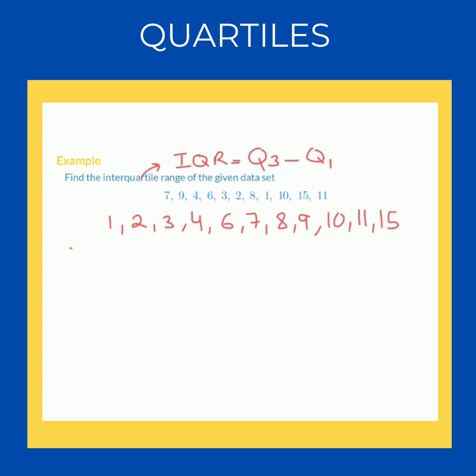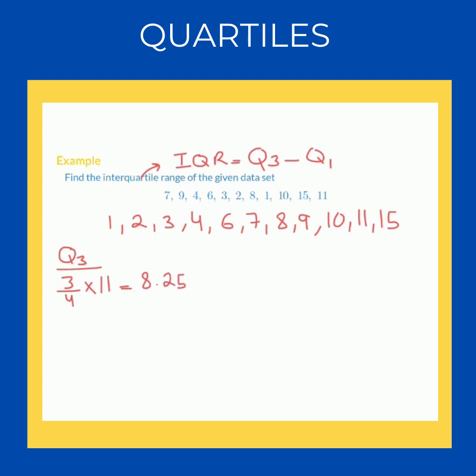So to find Q3, first I have to find the position of Q3, which is the upper quartile. So the position is 3 over 4 times n, which is the number of elements, and here n is 11.